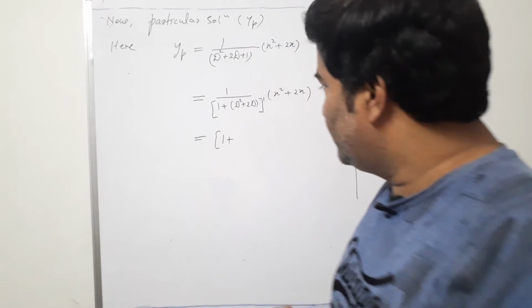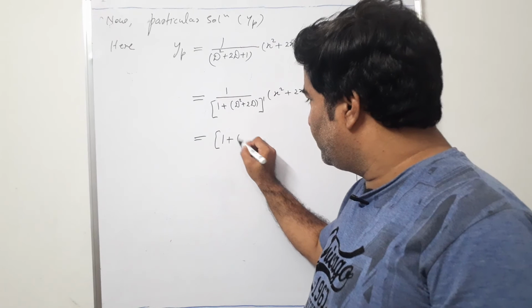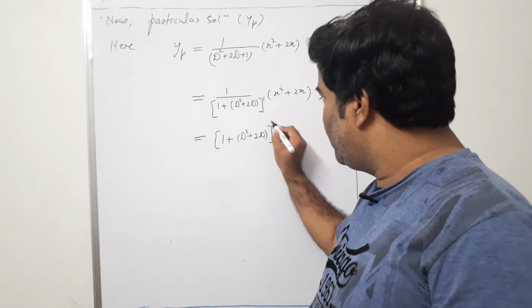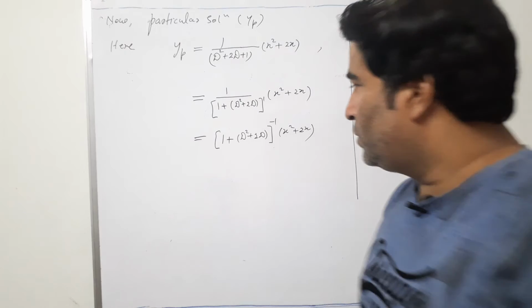The power of this is 1, and we take it upside, so we have (1 plus D square plus 2D) whole power minus 1 on x square plus 2x.